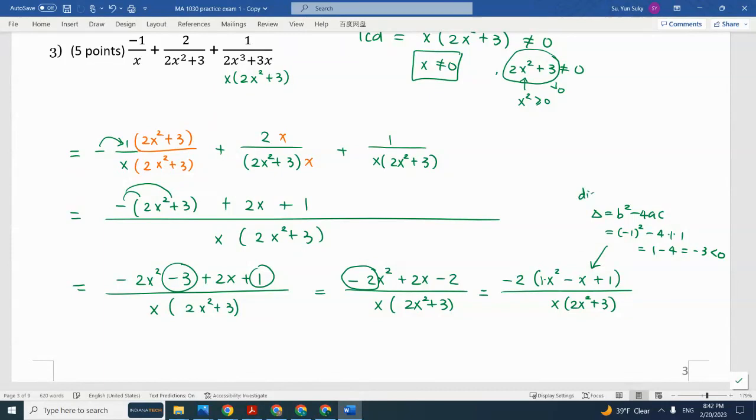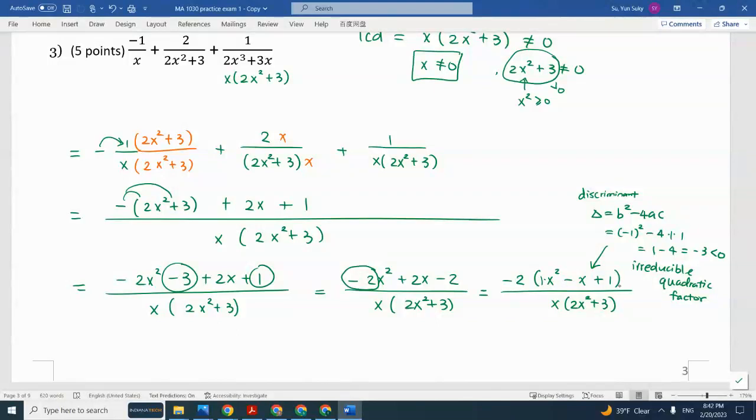If the discriminant is negative, then this is an irreducible quadratic factor. Irreducible quadratic factor cannot be reduced. Reduced means it can be expressed as a product of two linear factors.